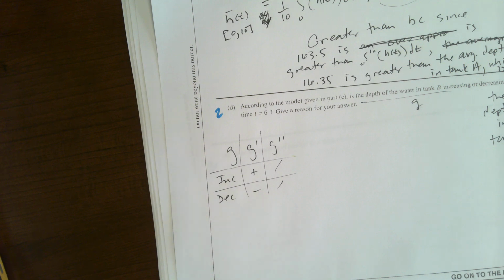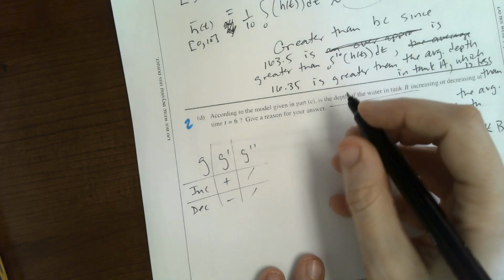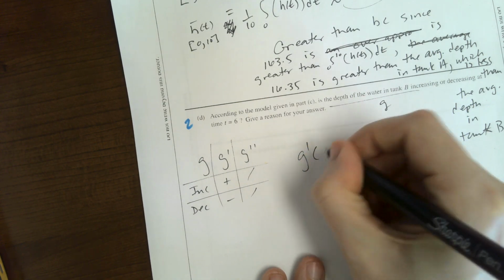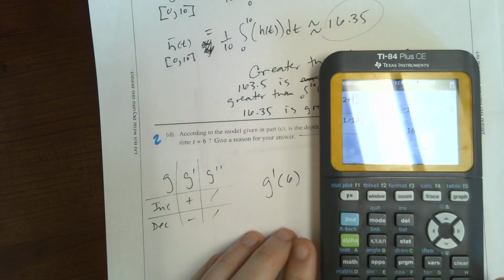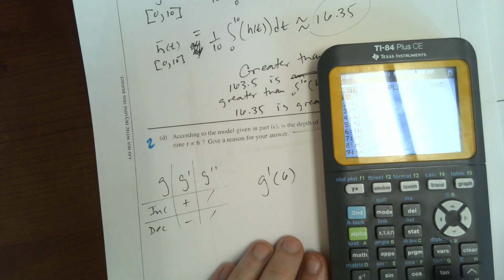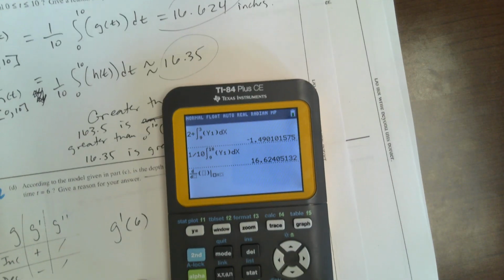So, guys, this is a calculator section. We need to find G prime of 6 and see if it's positive or negative, and you could use Math 8. Okay, so Math 8, oh, you can't see.